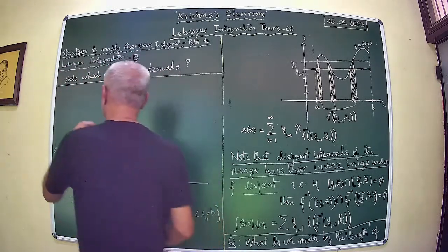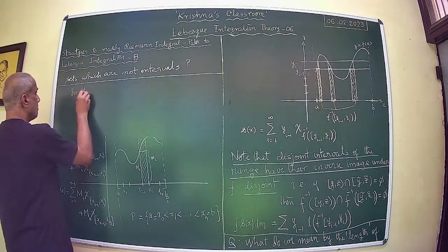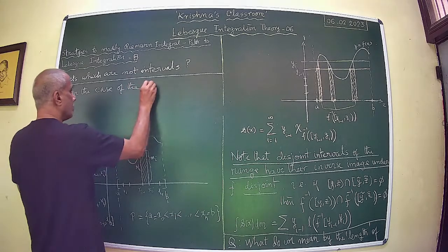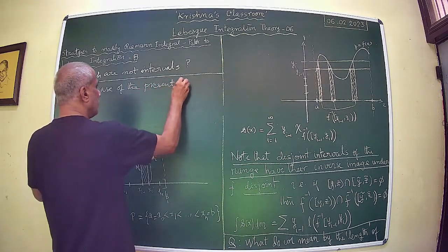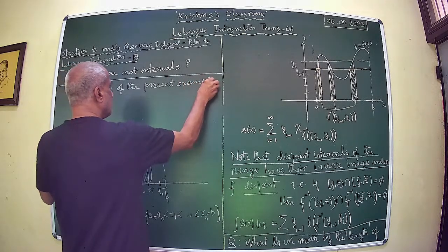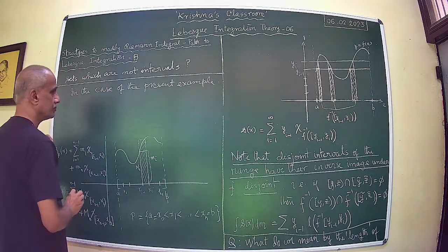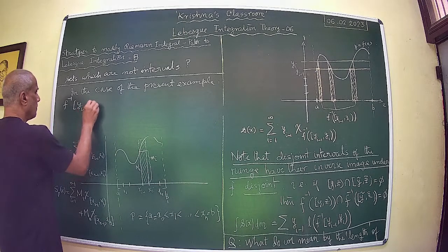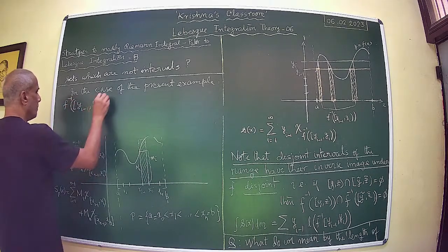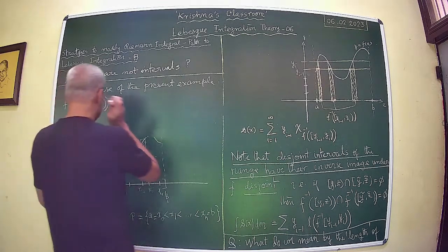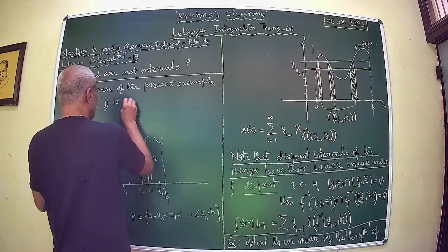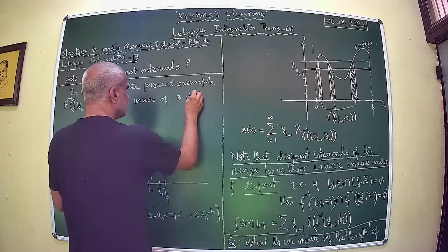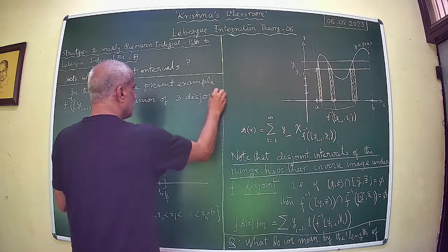So in the present example, f inverse of yi is a union of three disjoint intervals.